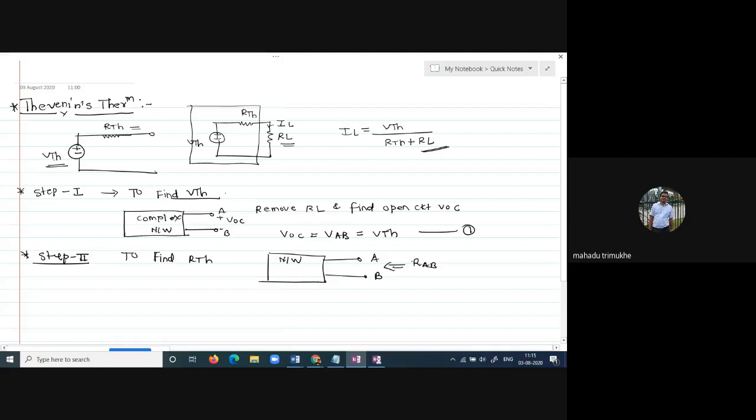So, to find RAB, the one step you have to keep in mind is making all sources off. This statement is only for independent sources present in your electrical network.